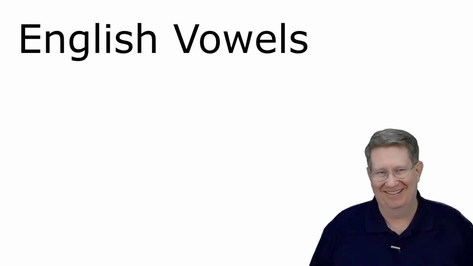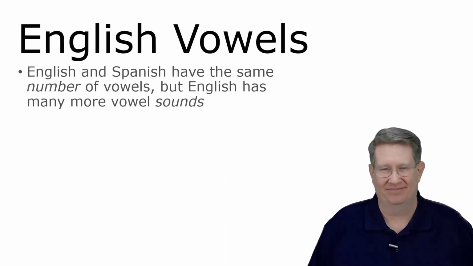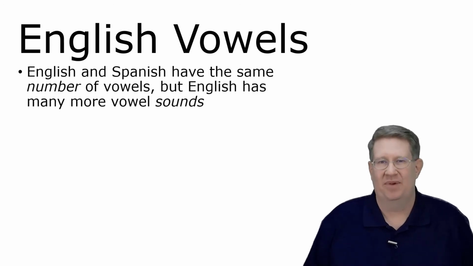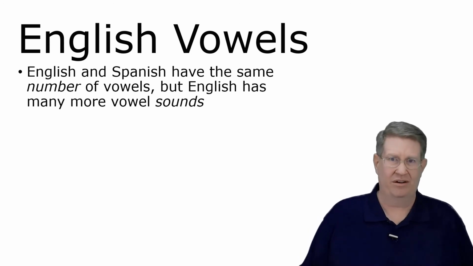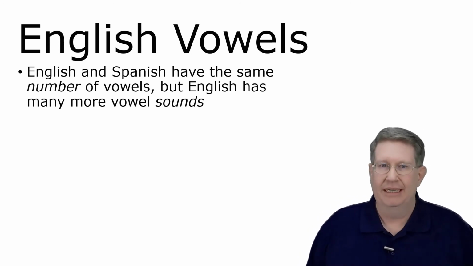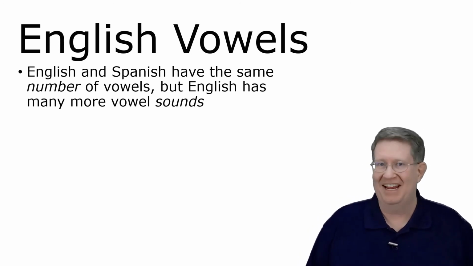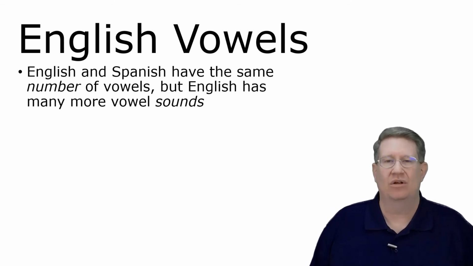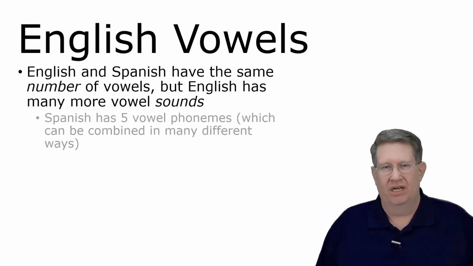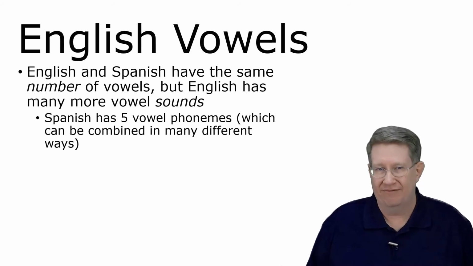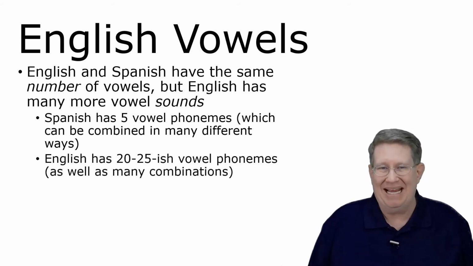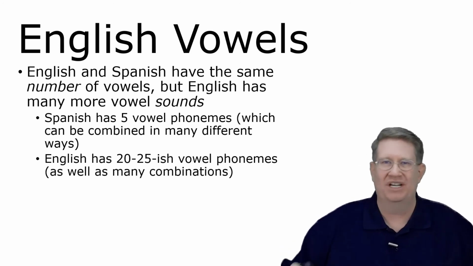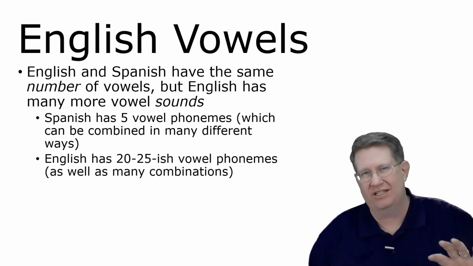Let's take a look at English vowels. English and Spanish have the same number of vowels. So how hard can it be? Well, I'll tell you. English has many more vowel sounds. Spanish has 5 vowel phonemes, which can be put together in different ways. English has 20 to 25-ish, approximately.